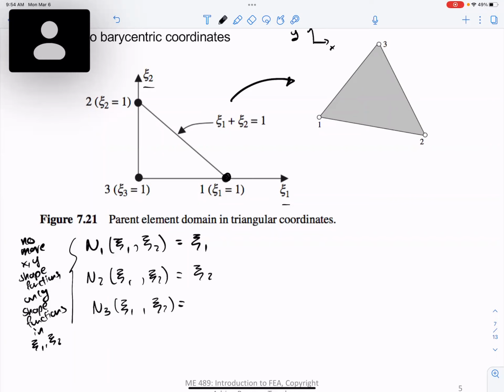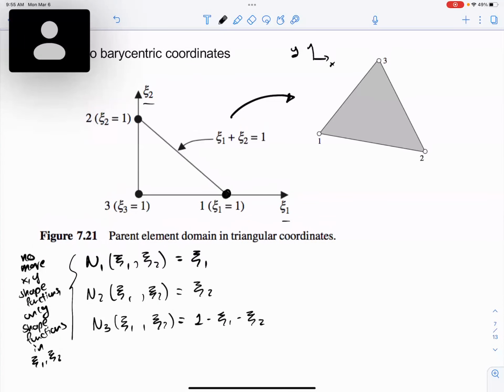N3 has to be 1 at the corner, but 0 at the other two nodes. Yep, 1 minus psi 1 minus psi 2. So these are the shape functions in terms of psi 1, psi 2.